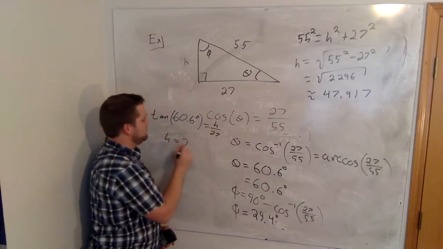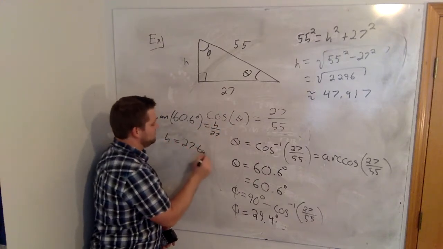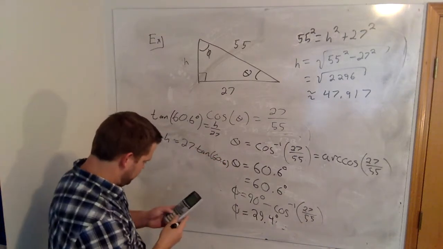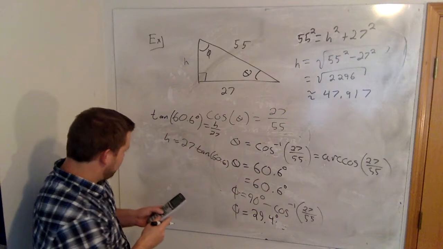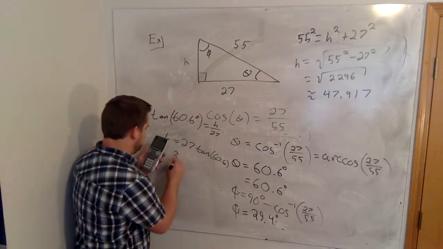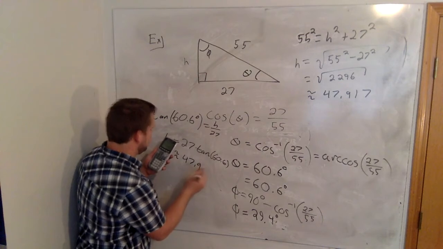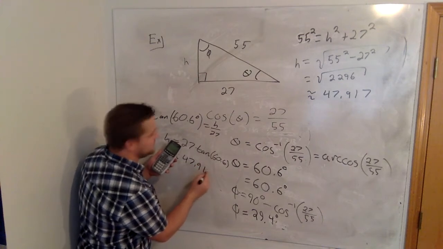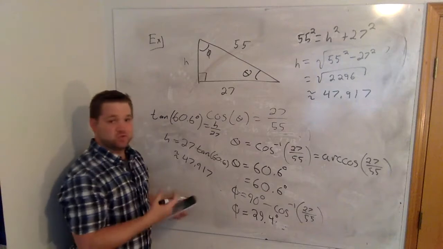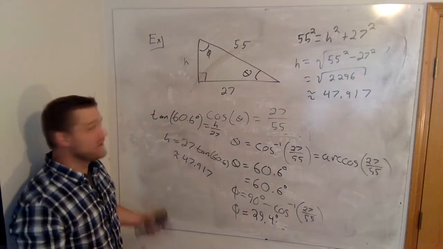So h is going to be 27 times the tangent of 60.6. Let's see what we get. I'm getting, no way, 47.9917. The same thing.